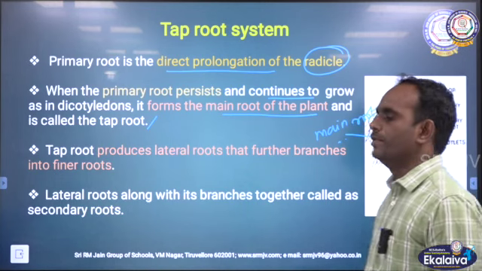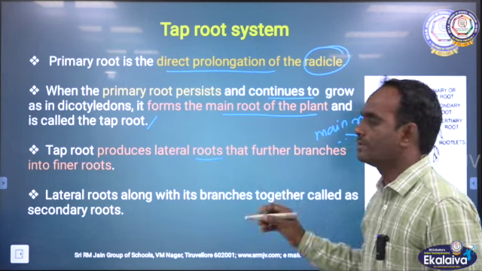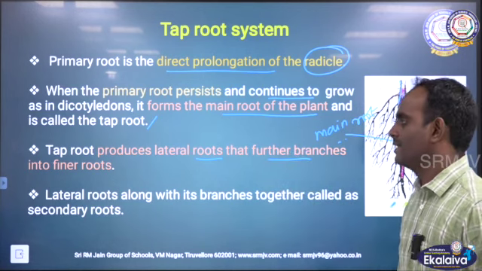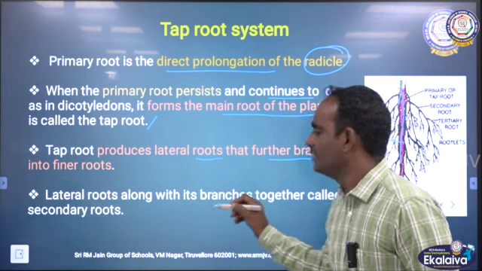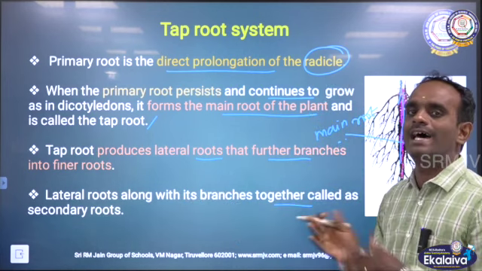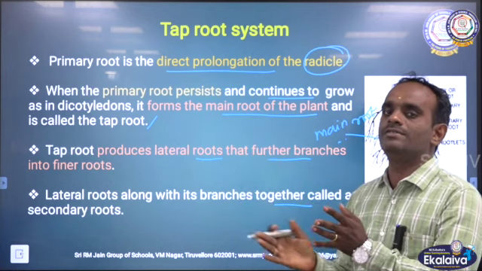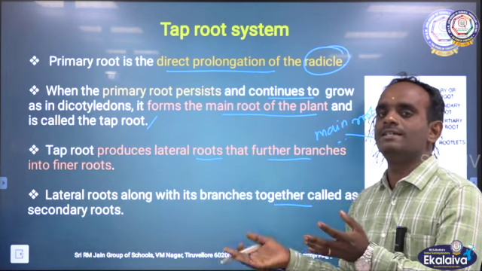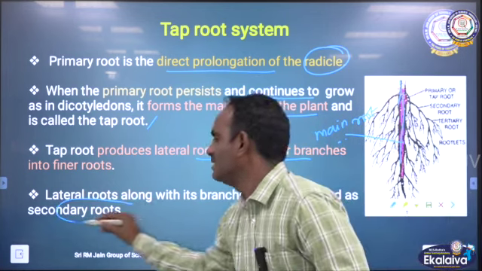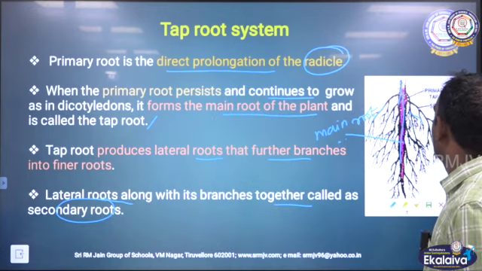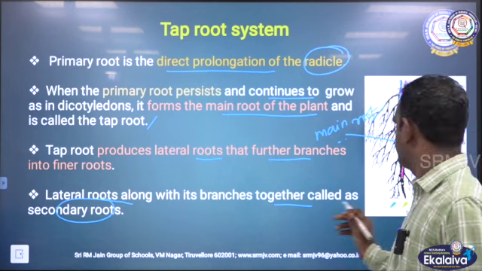The taproot produces lateral roots that further branch into finer roots. Lateral roots along with its branches together are called secondary roots. So, all the lateral roots along with its branches are called secondary roots. See the picture here, all these are the secondary roots.